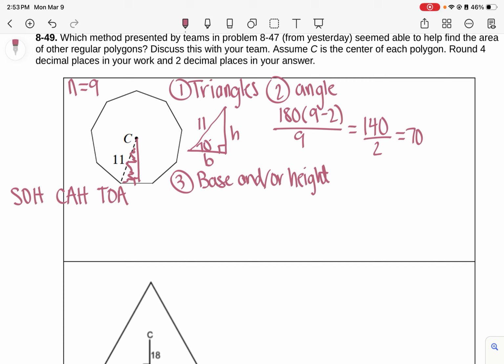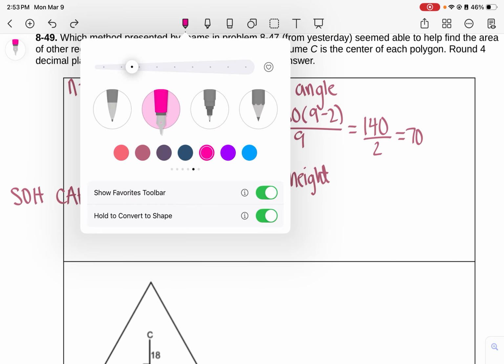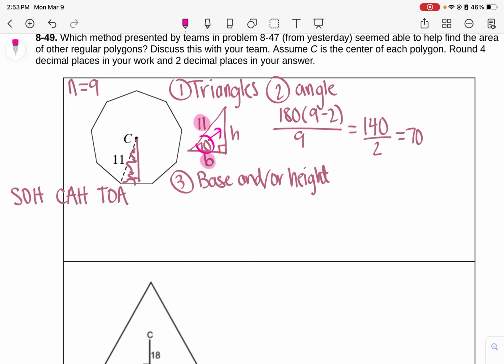So I'm going to start just by finding the base. I'm going to use pink here. To find the base, I'm going to use the base and the 11, and I'm going to ignore this h, act like it's not even there at all. So when I do that, arrow for opposite, there's nothing there. And then 11 is the hypotenuse. Here, I'm going to use hot pink. 11 is the hypotenuse, and b is adjacent.